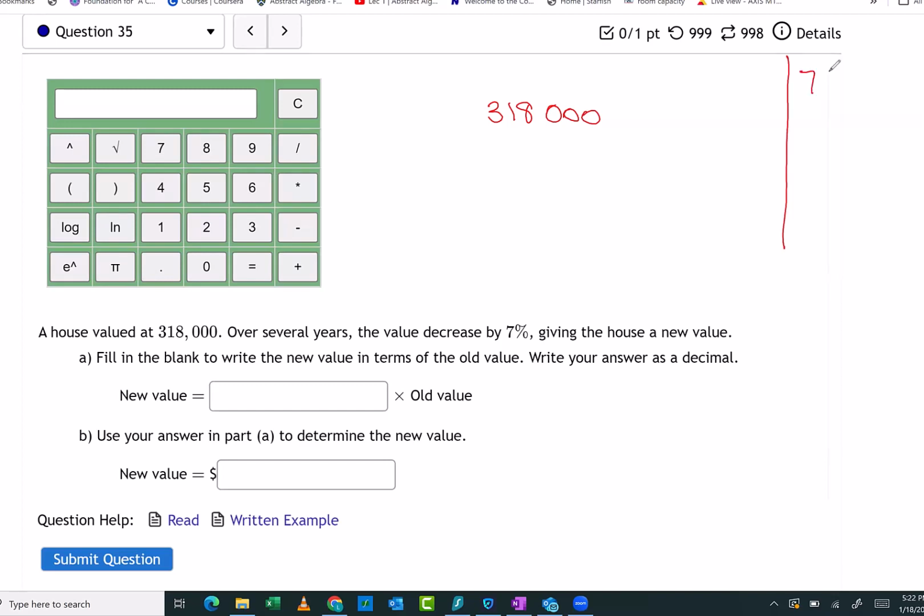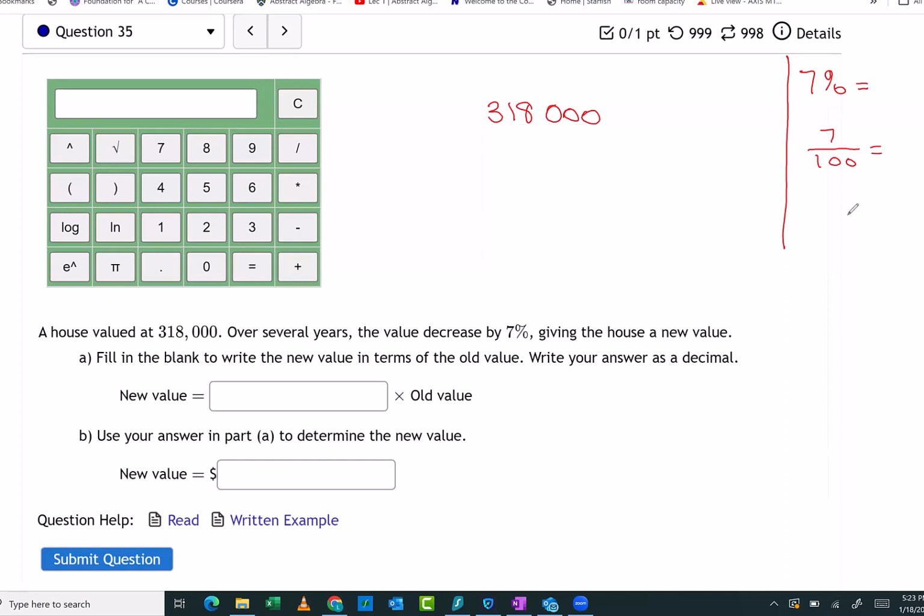Well, 7% is equal to, in decimal, 7 divided by 100. If I want it in decimal, because decimal is really the easiest to work with as far as this is concerned, whenever I divide by 10 or by 100 or by 1,000, however many zeros I have, I move my decimal place to the left if I'm making it smaller with division, to the right if I make it bigger with multiplication.